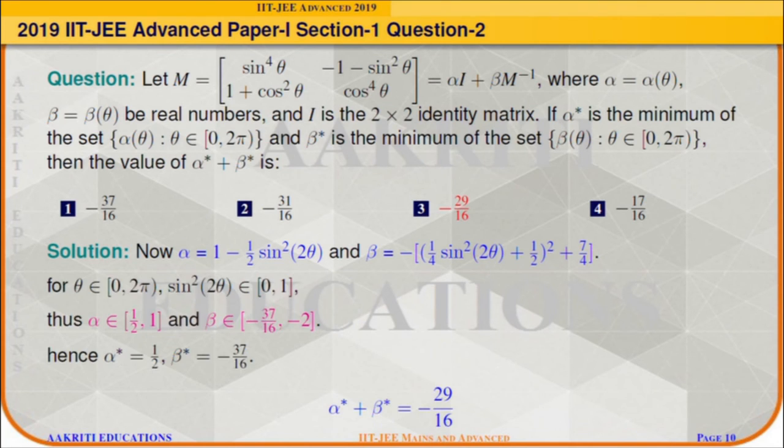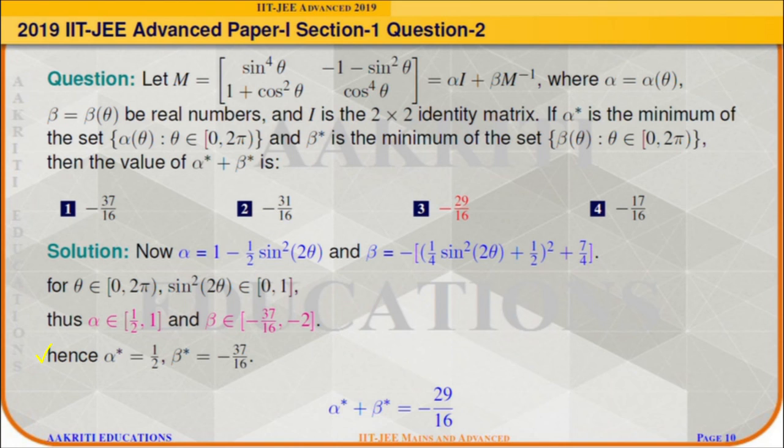Now we need to find its range for theta belongs to closed 0 to open 2 pi. When theta belongs to closed 0 to open 2 pi, then sin^2 2 theta will lie between closed 0 to closed 1, and thus alpha will lie between closed half to closed 1, and beta will lie between closed minus 37 by 16 to closed minus 2.